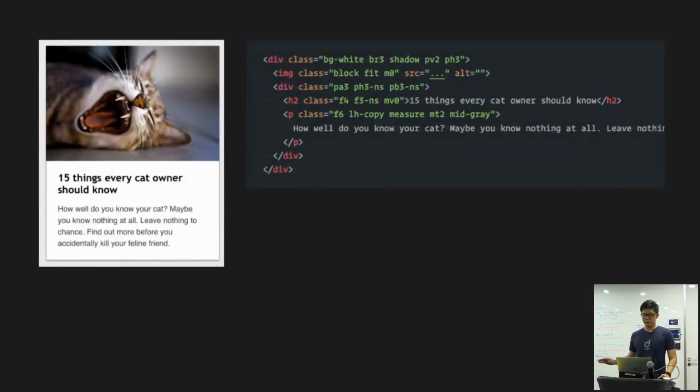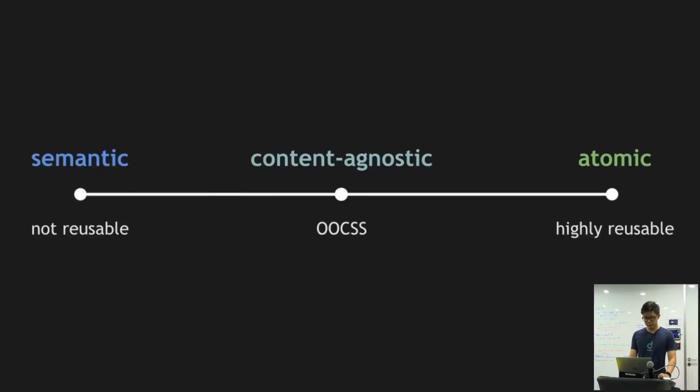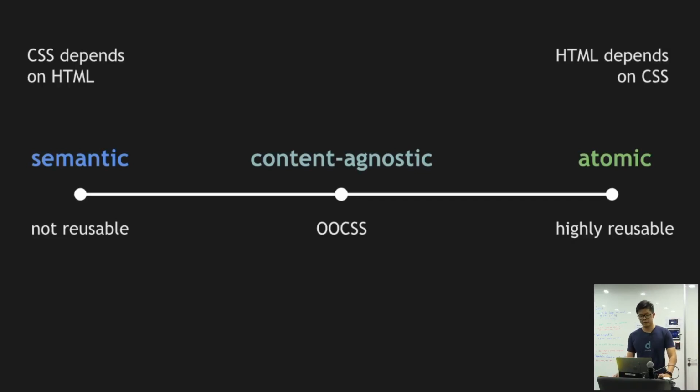I didn't really test out these classes, but I think it's confusing enough that you get what I mean. It's using all these tiny classes to create this. One way to look at this is as a scale. On the left, semantic, you have CSS that depends on HTML.